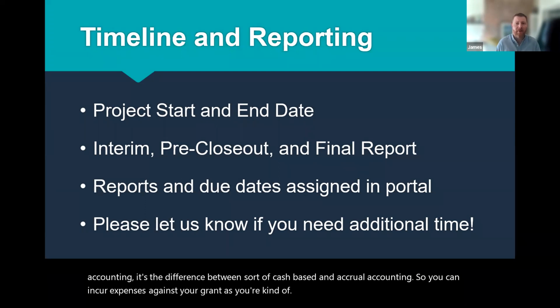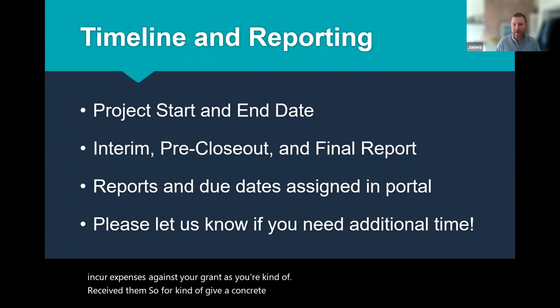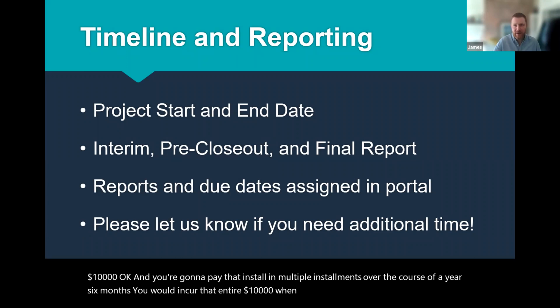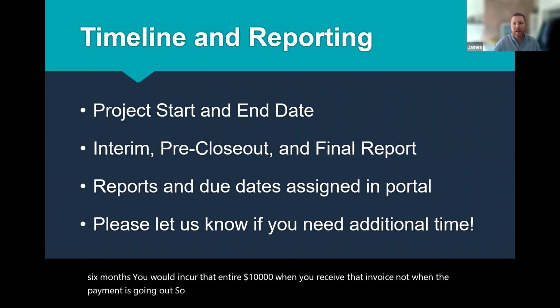To give a concrete example, let's say a scholar gives you an invoice for $10,000, and you're going to pay that in multiple installments over the course of a year, or 6 months. You would incur that entire $10,000 when you receive that invoice, not when the payment goes out. That is when you can count costs against your grant.